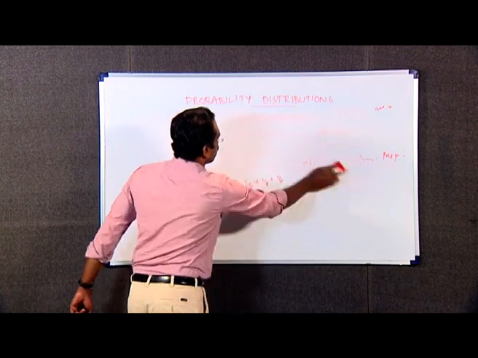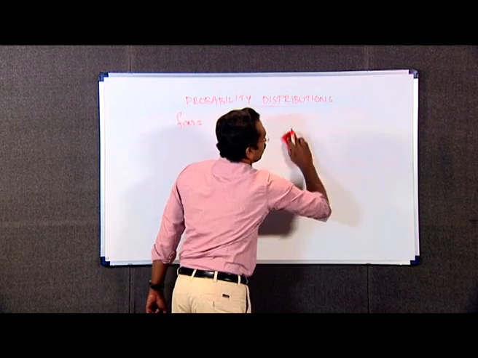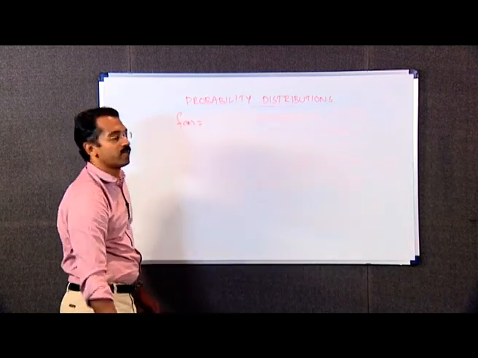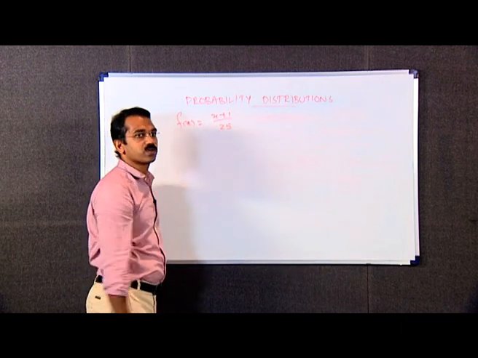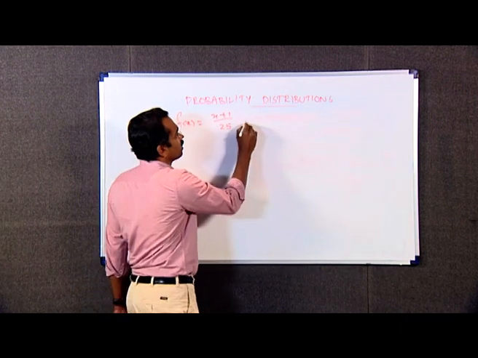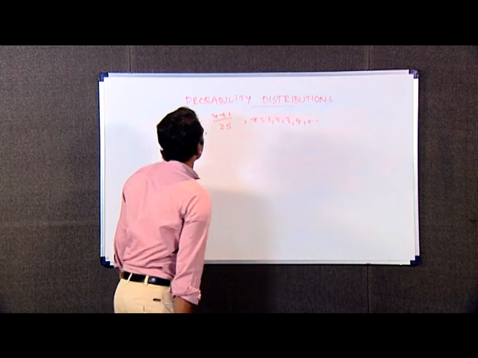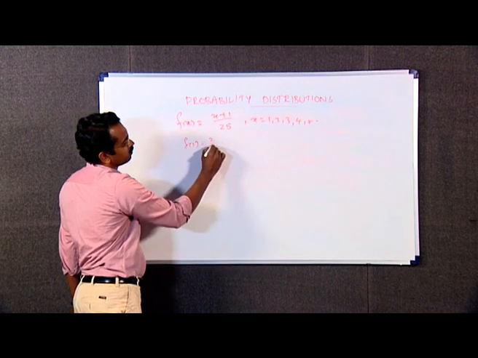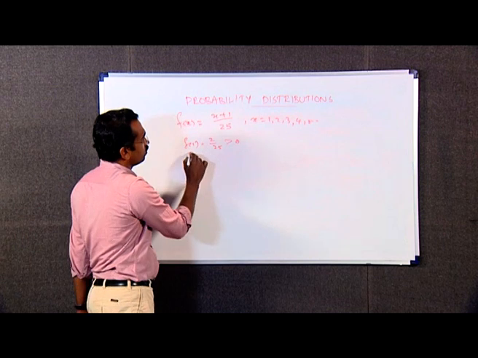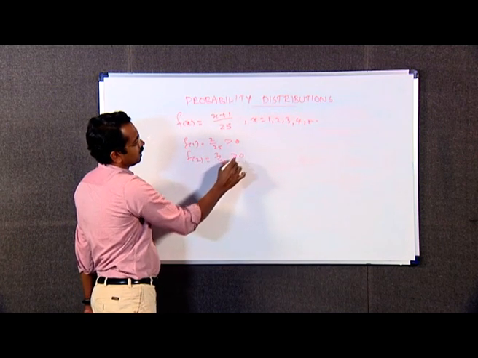Now, consider this example. F of x is equal to x plus 1 divided by 25 for x equal to 1, 2, 3, 4 and 5. Here f of 1 is equal to 2 by 25, which is greater than 0. F of 2 equal to 3 by 25, greater than 0.